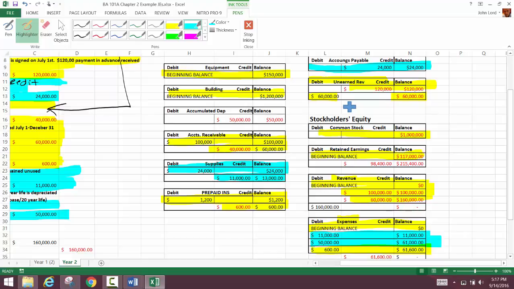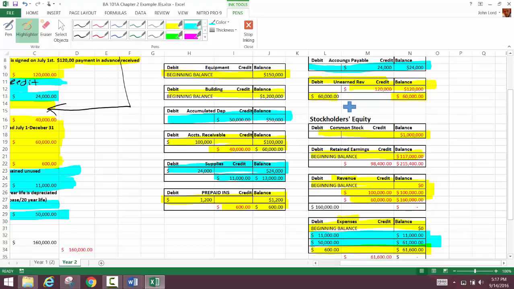We debit that expense and we credit accumulated depreciation. The accumulated depreciation is an amount that reduces the total value of my building. But rather than credit it straight to the building account, I credit it to an account called accumulated depreciation. We'll talk more about that. That's somewhat up the road for us, but I wanted to start to introduce that notion to you right now for the building.